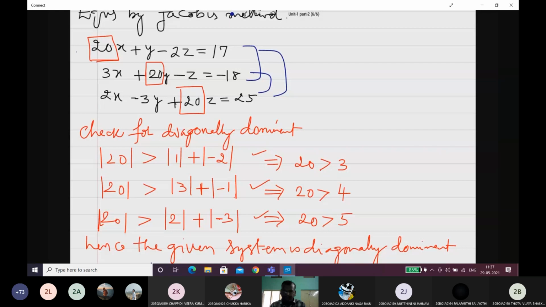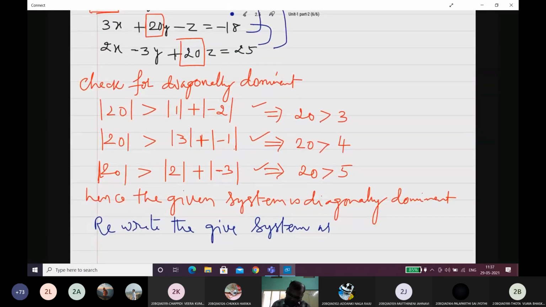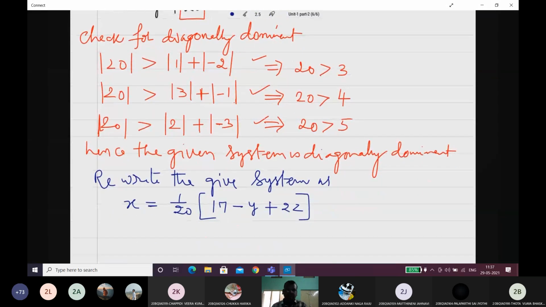Yes, sir. So from the first equation, x value: x is equal to 1/20 of (17 minus y plus 2z). Is the first equation correct?